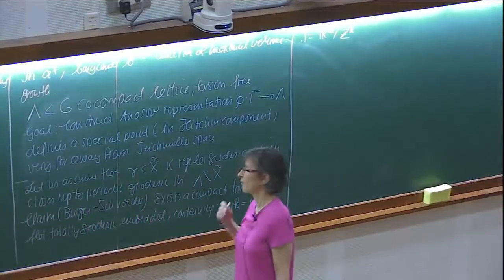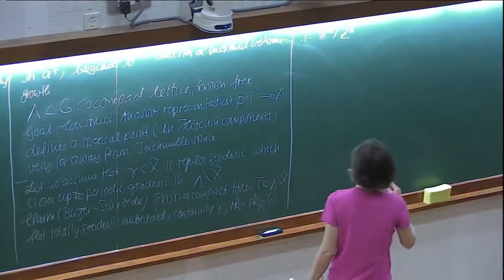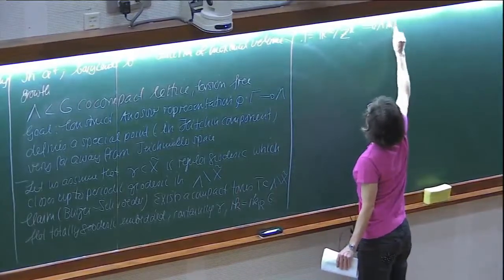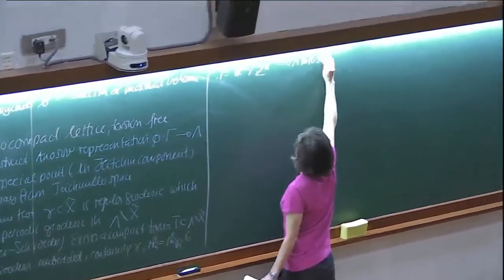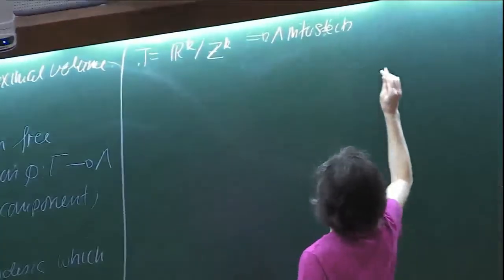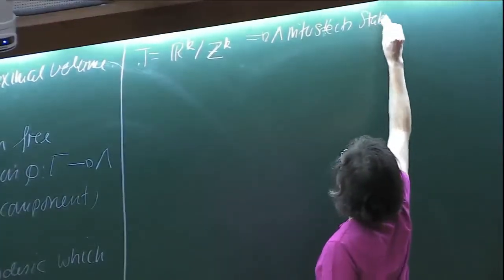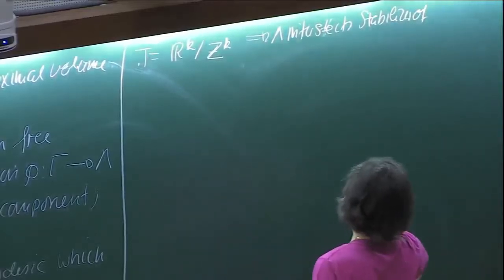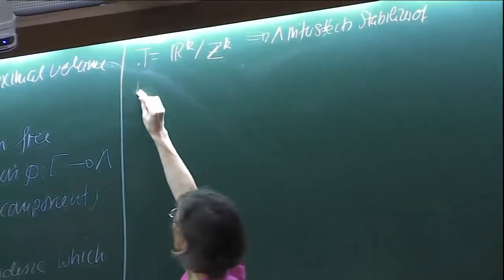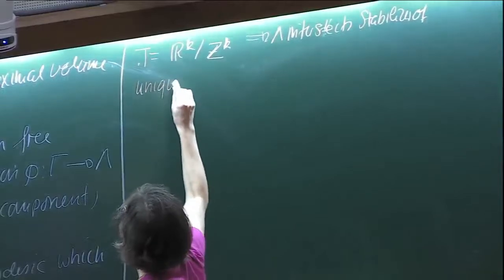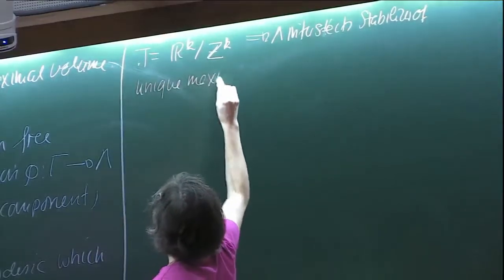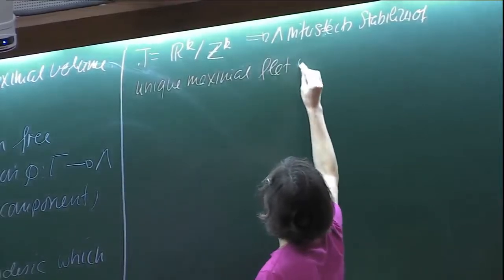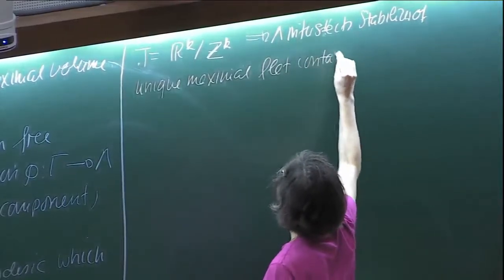So the way I produce such a torus is lambda intersects the stabilizer of the unique maximal flat containing this geodesic gamma.